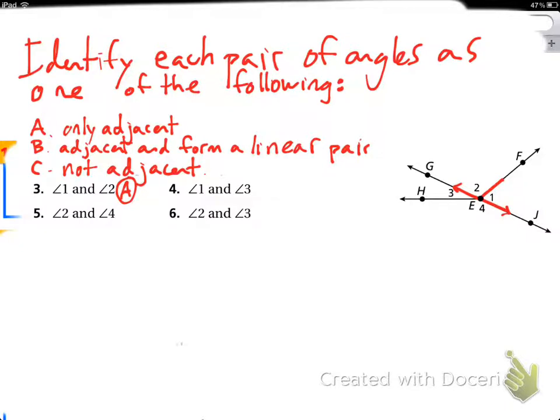For number 4, angle 1 and angle 3. And I'll use a different color for these.